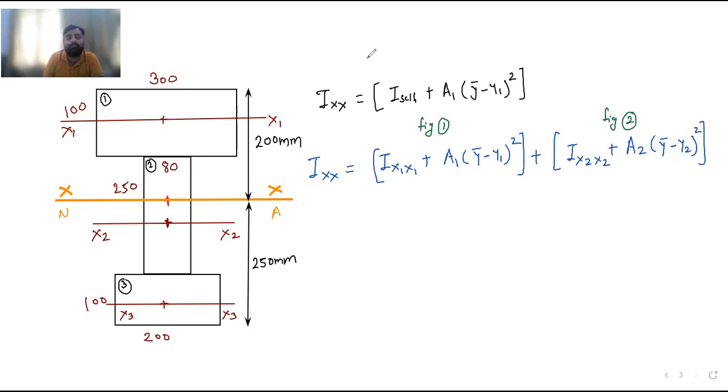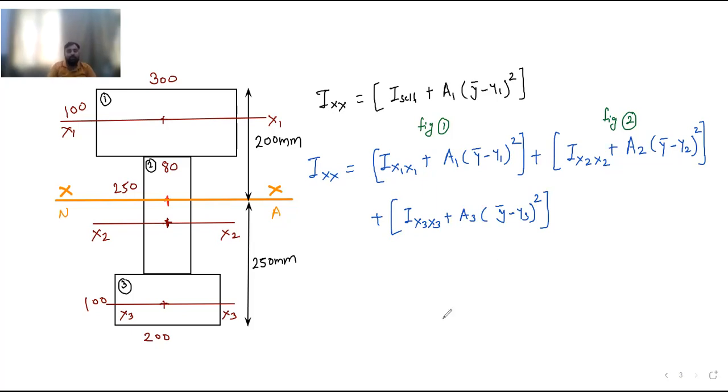Web, plus I x3 x3 plus a3 (y bar minus y3) square.